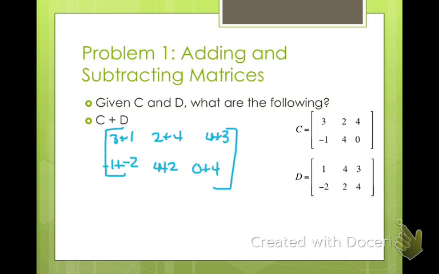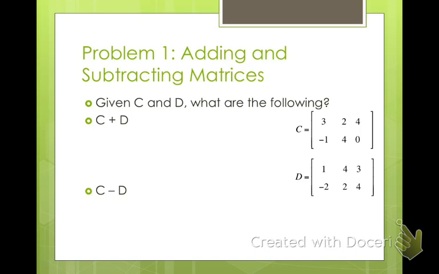So then you just add them together. So it's 4, 6, 7, negative 3, 6, 4. So we just added those two matrices together. Addition and subtraction is really simple, no problem.